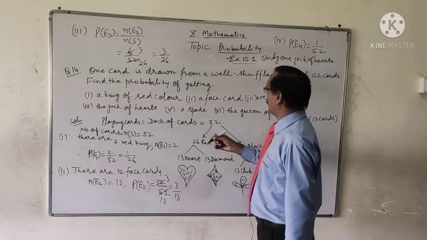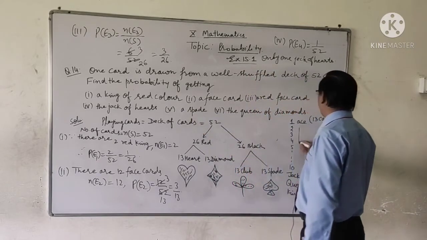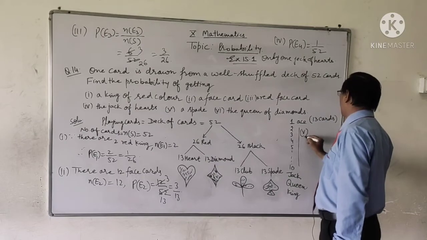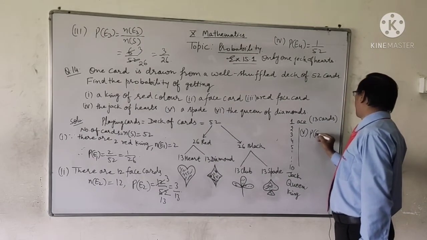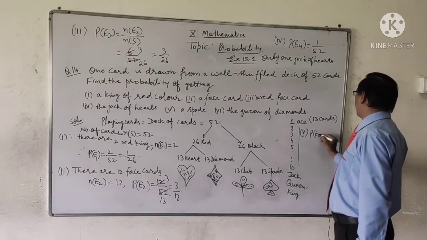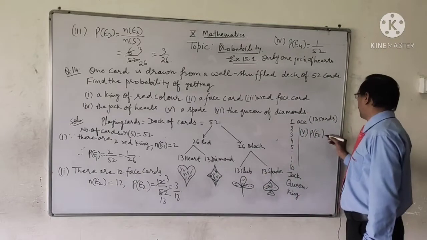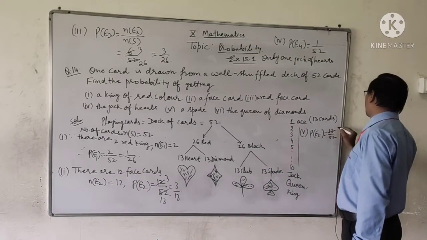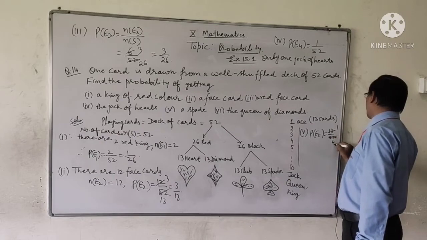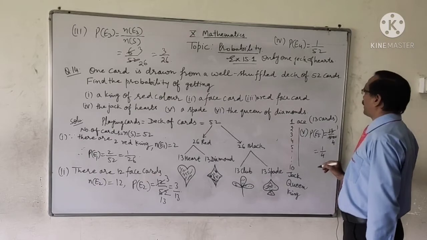And a spade. So in the fifth part, there is a spade. Let me simplify here. Fifth part, the probability P(E5). How many spade cards are there? There are 13. So it is 13 upon 52, or 13 ones are 13, 13 fours are 52. So it is 1 by 4.